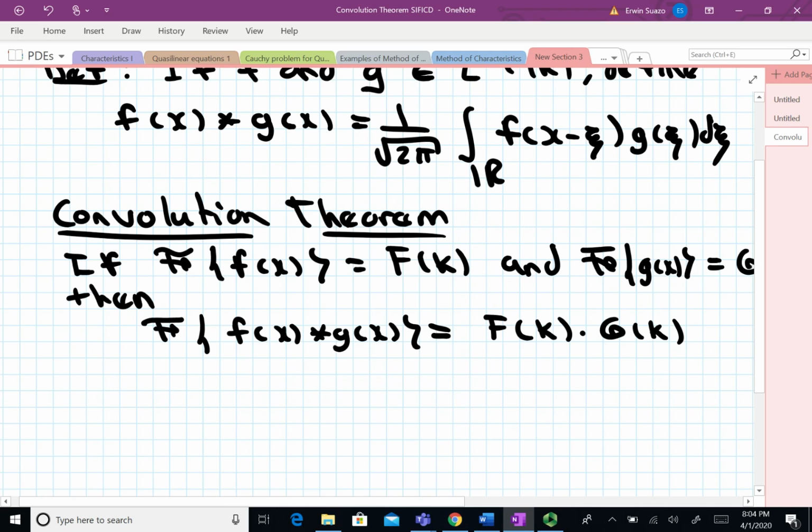Okay. So we use this to solve the heat equation, to solve the wave equation. Okay, so this is very important.